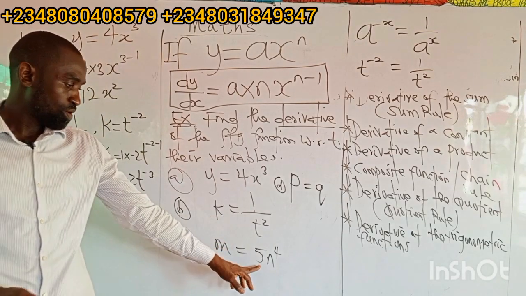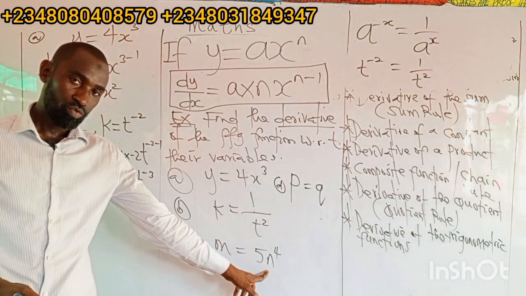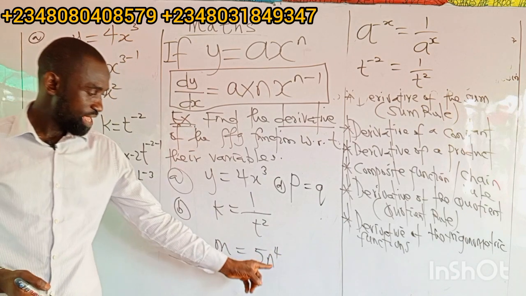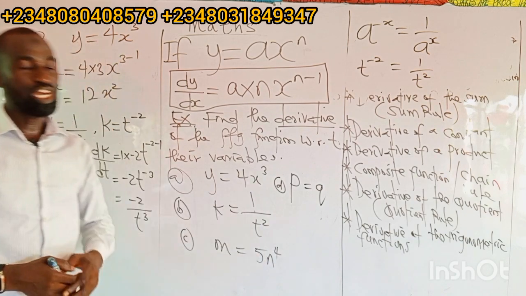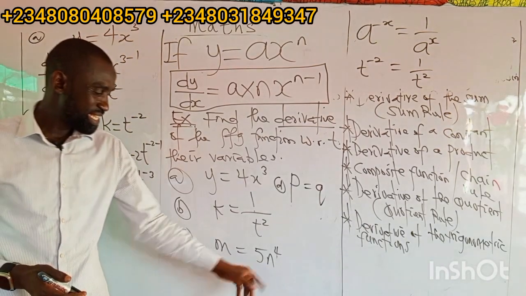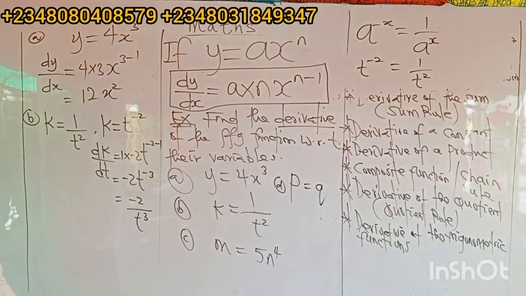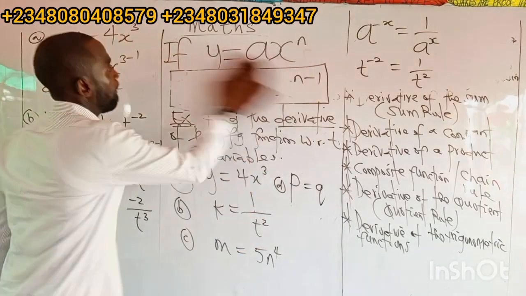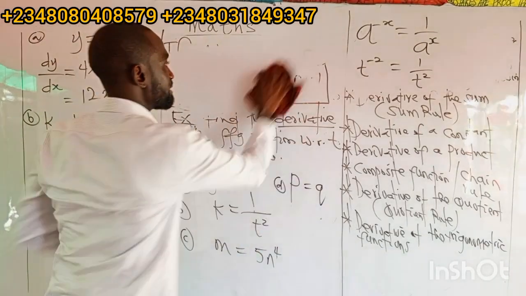This should just be 5 times 4, which is 20, n raised to power 4 minus 1, that is 3. So we have 20 n raised to power 3 for the third one. Let me wipe this space off because I'm using that as a guide.